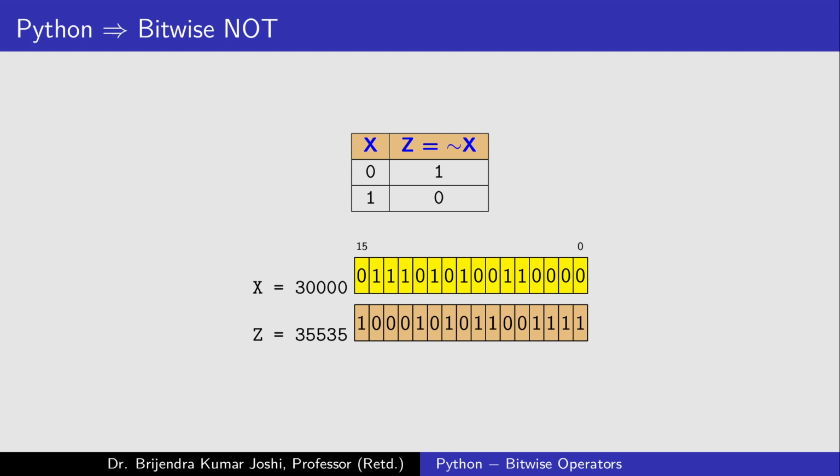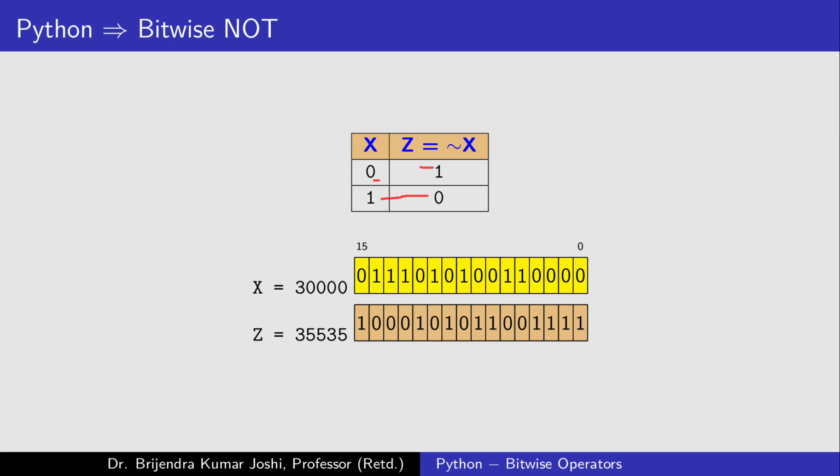Next is bitwise NOT. This is a bit interesting. This is a unary operator, so it requires only one operand. So it has been applied only on x, which is the only input to the bitwise NOT operator. If the input is 0, the output is 1, that is the flipped bit. If the input is 1, the output is 0.